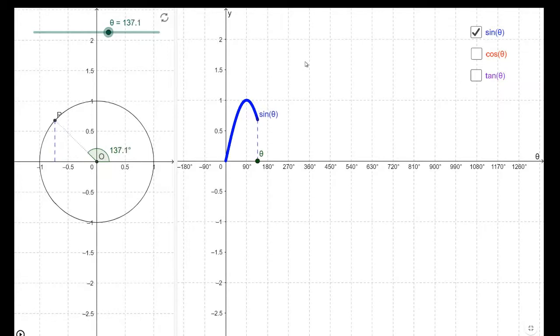As theta approaches 180 degrees, we understand that this vertical line is decreasing and decreasing, and as the vertical line decreases, the sine value also decreases. You can look at the sine graph also, you see that it is going down and down and down, and it reaches 180 degrees. Now let us keep going.